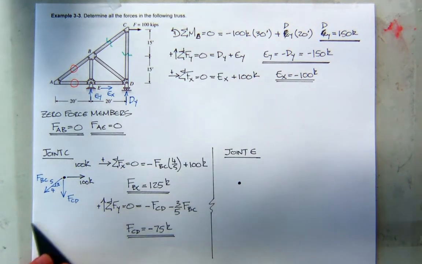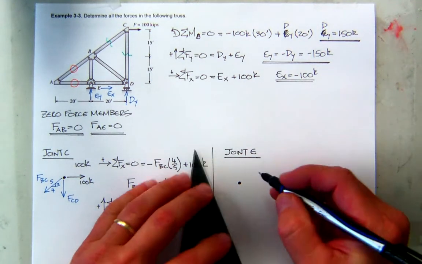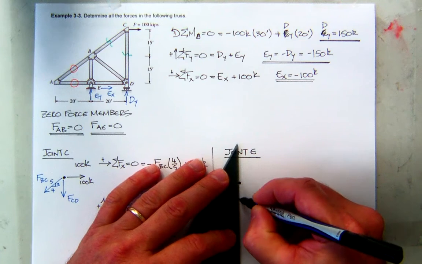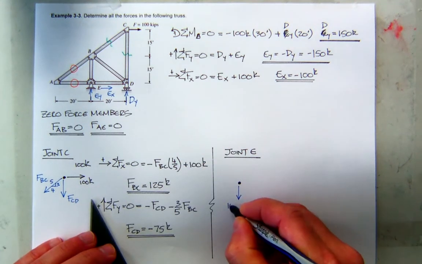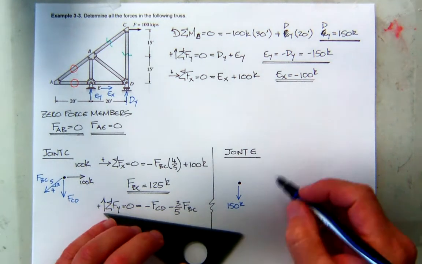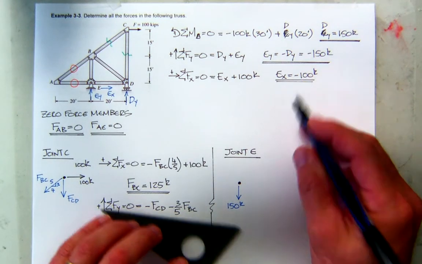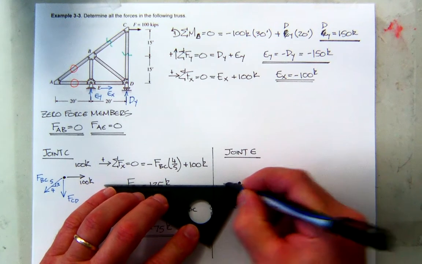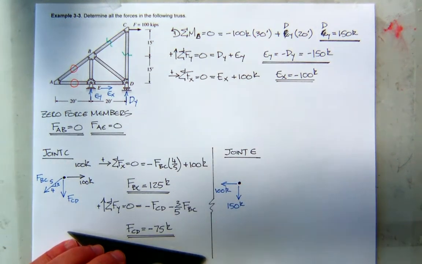So I have my reaction, EY, and I found EY to be negative 150, which is down. And I have a value for EX, which is 100. It was negative, so it's this way. So those are my reactions.